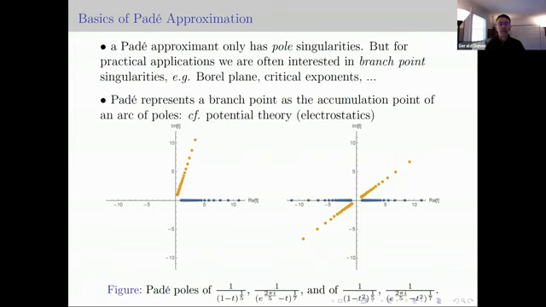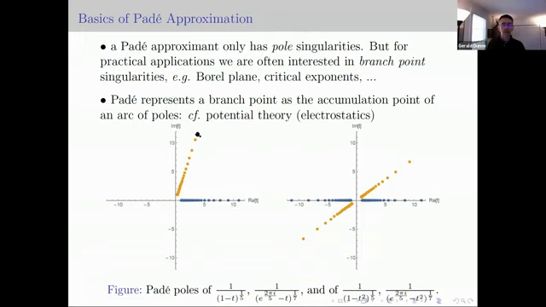Well, the first view of this is that it tries, here are some examples of 1 over 1 minus t to the 1/5. These are these blue dots. Padé tries to represent this branch point and branch cut as an accumulation of poles. So here, look at this one. There's a whole set of poles here accumulating to the branch point at t equals 1.